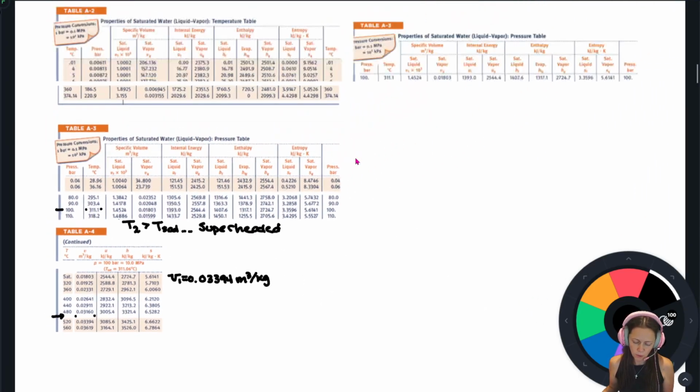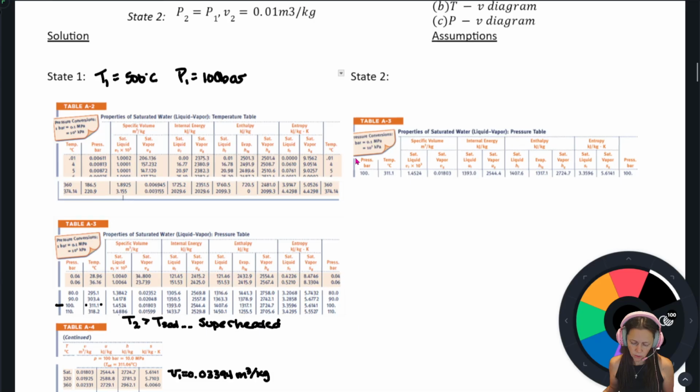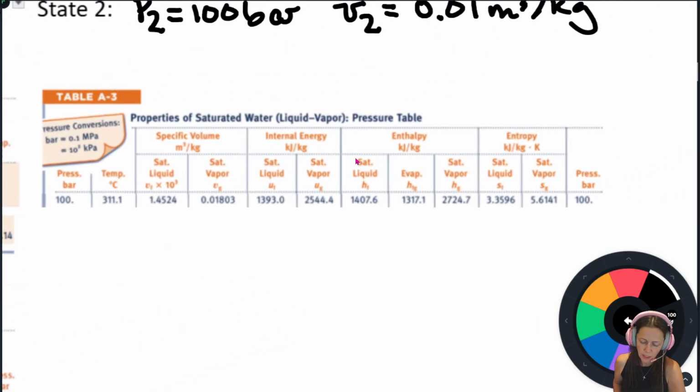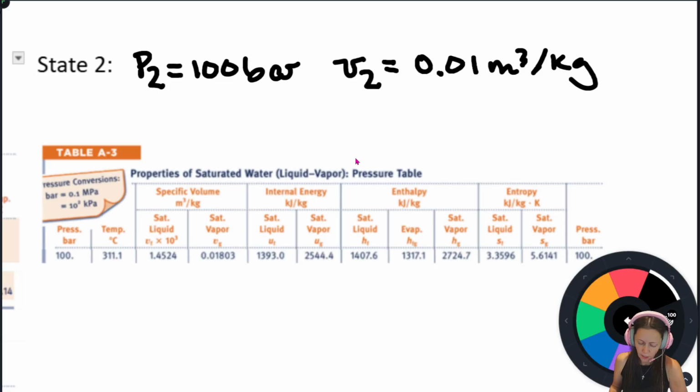Now I need to go to state 2. State 2, I have a P2 of 100 bar and a specific volume V2 of 0.01 meters cubed per kilogram. Let's go to our saturated tables just to see what phase we're in. And look at that.